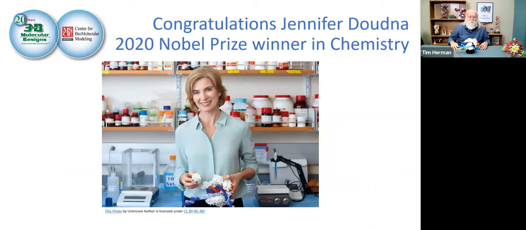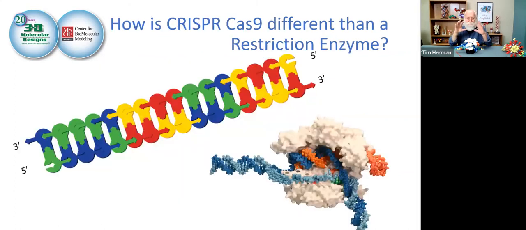So there's going to actually be 3 parts to this 40-minute presentation. In the first part, we're going to talk about how you are going to connect this topic of CRISPR to something you already teach. And to do that, we're going to be comparing the CRISPR Cas9 endonuclease with a restriction enzyme.